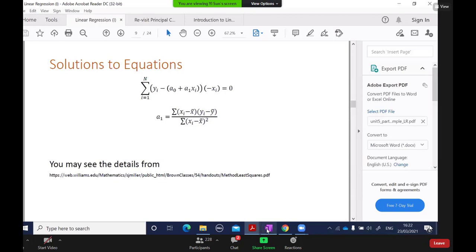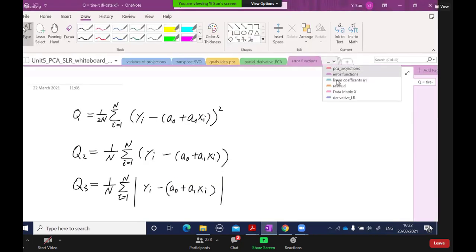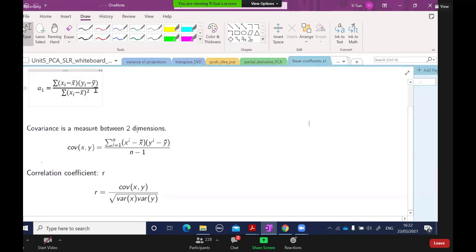This is our A1. Compare it with the covariance equation here, or the correlation here. What can you see? Here again, i is the index for each data point, and the bar on top of X is the mean value. Here is the same mean value. So basically, the numerators for both are the same, right?